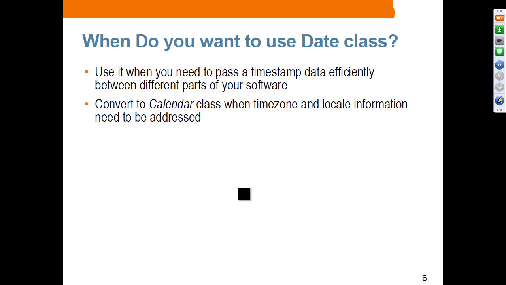So when do you want to use the date class, meaning when do you want to create a date object? Use it when you need to pass timestamp data efficiently between different parts of your application.